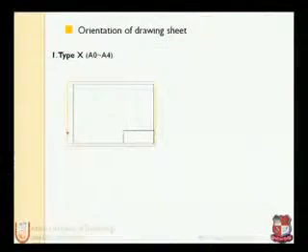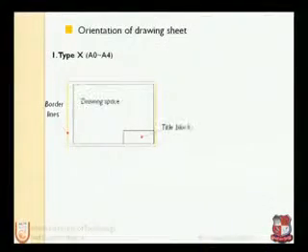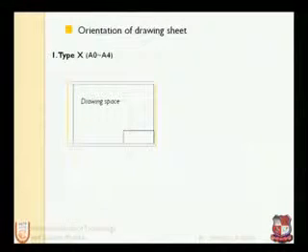Orientation of the drawing can be seen this way. The horizontal is the drawing space and the margin is kept. Why is the margin kept? To bind the sheet or to keep the record. So the drawings are to be folded in a way that the title block and the information remain above and visible, so that it is easy to segregate and record the drawings.